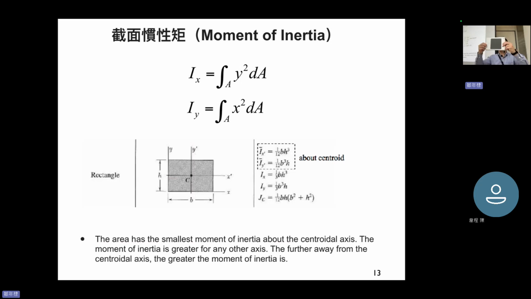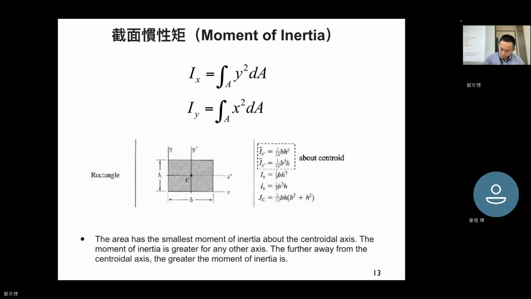So it's easy for this area to rotate about this axis or this axis. Easy, right? But if you use axes x and y as an axis, you need to rotate that. It's really difficult, right? Or you rotate this. Very difficult, right?